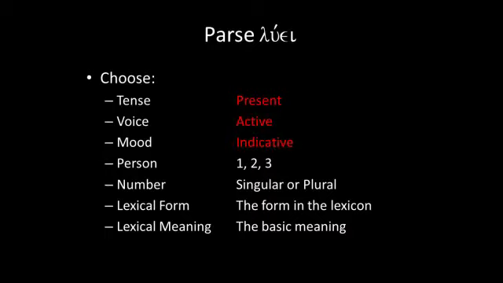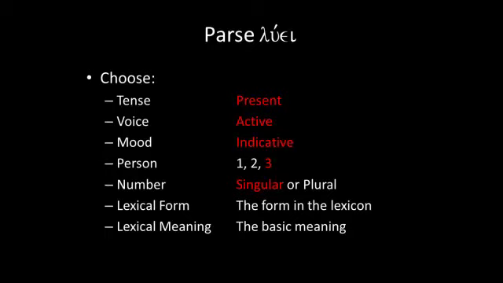We know we're also studying active indicative, so I got that. So is it first person, second, or third? O, eis, ei. That's it. Third person, and then is it singular or plural? It's third singular. Okay, so present active indicative, third singular.